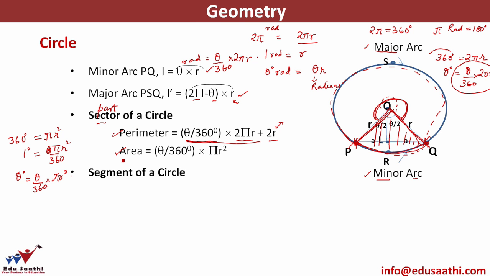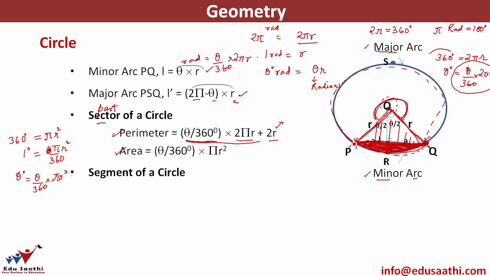The other thing that we need to understand is segment of a circle. Now instead of joining the two endpoints of an arc with the center, if I join them with a line, I have a line PQ. This shaded region that I create now will be known as segment of a circle. If I join it with the center, I got the sector.